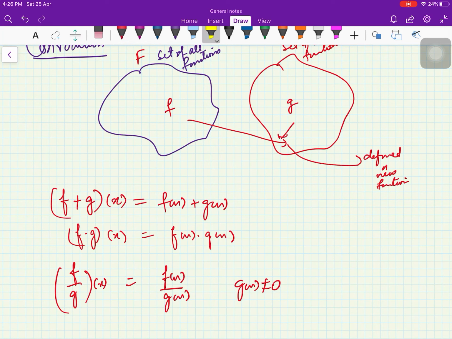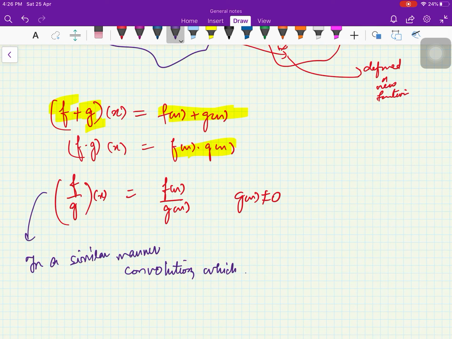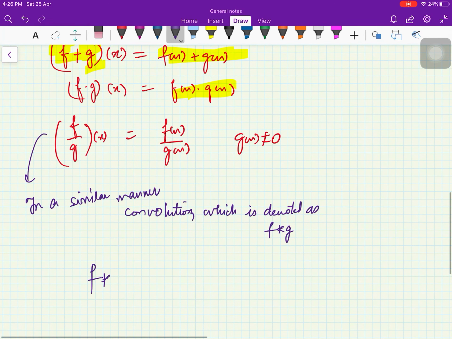So I already know some ways to use two functions f and g to create a new function. Convolution is one more technique to do so. We define it in a similar manner: convolution, denoted as f star g, is a function which will be evaluated at a point, say x.